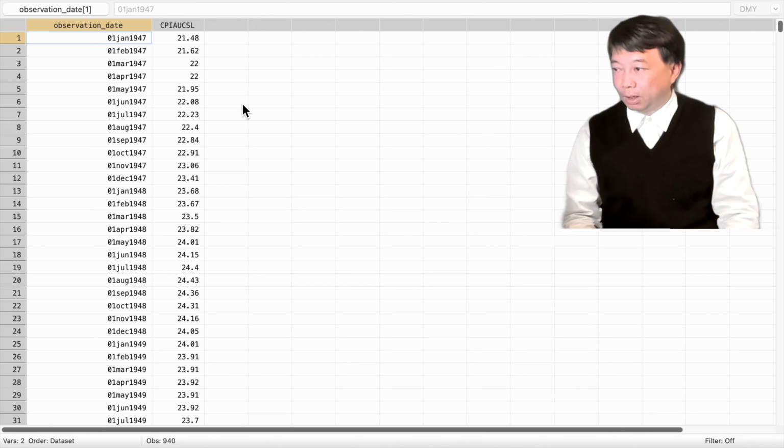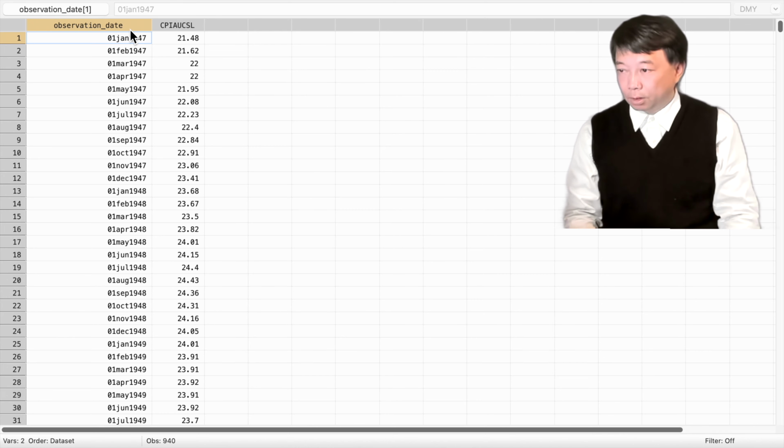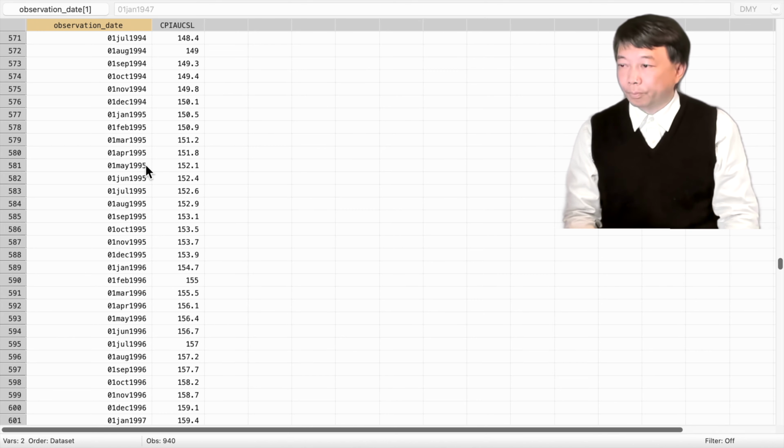The data were released monthly. The dataset comprises 940 observations, all from a single country, the United States. A key characteristic of time series data is the time dimension, which is indicated by a time variable, such as the observation date in this dataset.